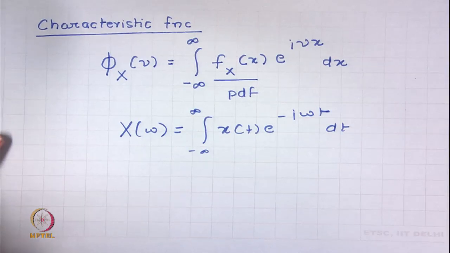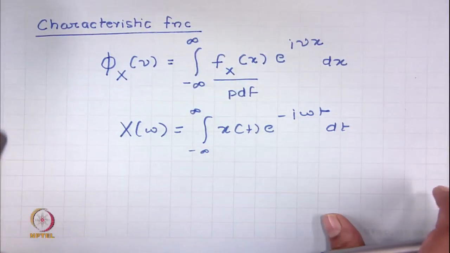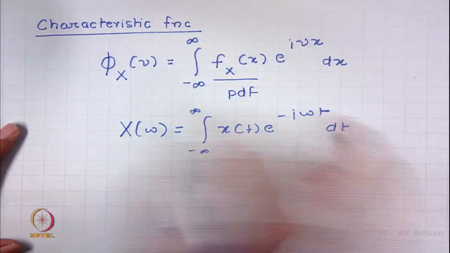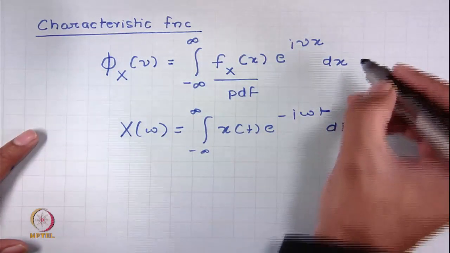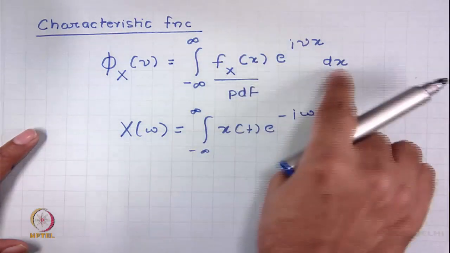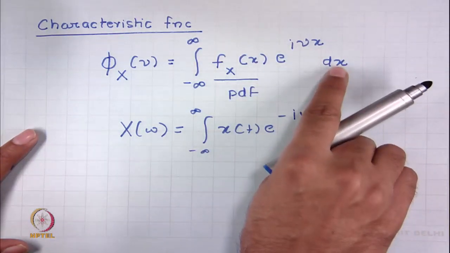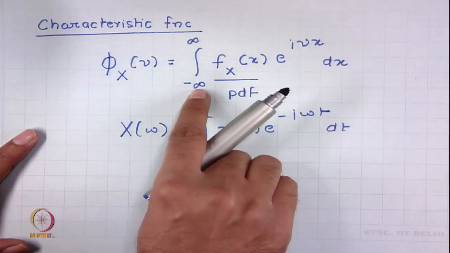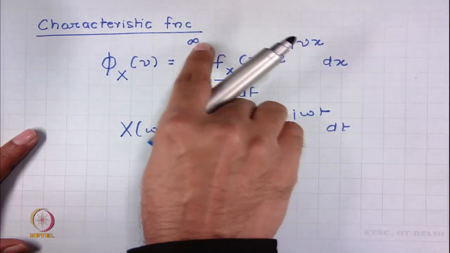The second thing to notice is that this integration is with respect to the running variable x, and this is a definite integral, meaning you are putting limits from minus infinity to plus infinity.